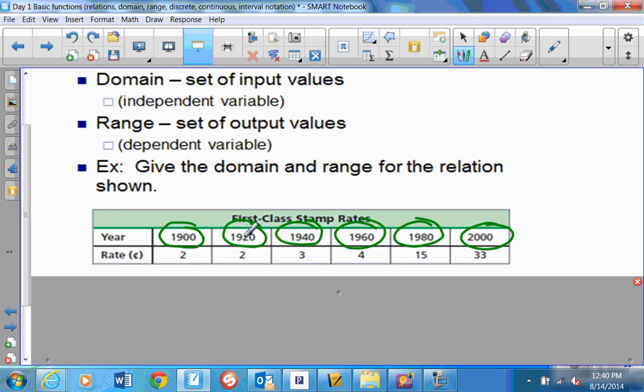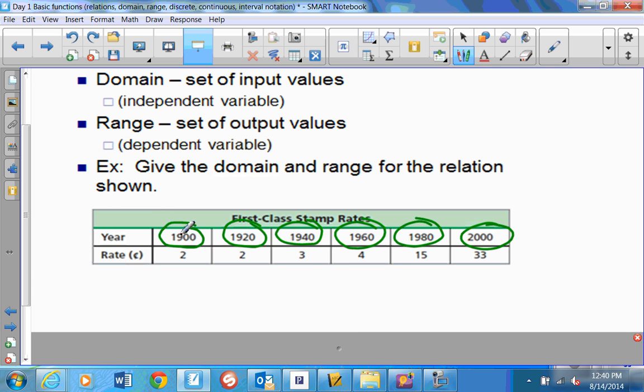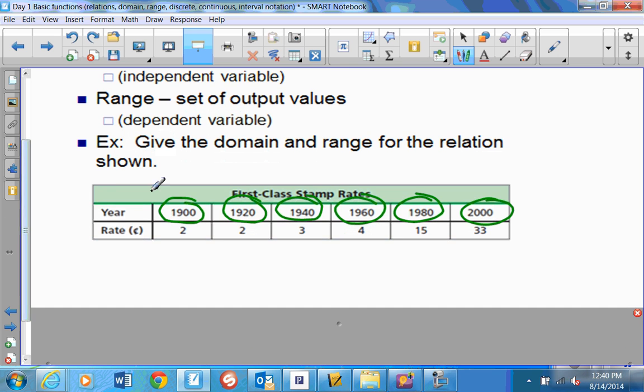Well, first class stamp rates. Let's think about that again. Yeah, you could, because time would have values in between. So it would be continuous, because there is a 1910, they just chose to pick a point every once in a while. Okay.